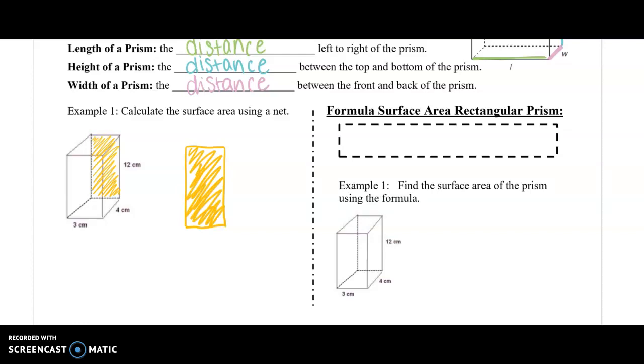If you notice, this distance, think of a box, is going to be the same as this distance, still going to be 3, which is the same as this distance. So this is 3 centimeters. This is 3 centimeters. This height right here is 12 centimeters.